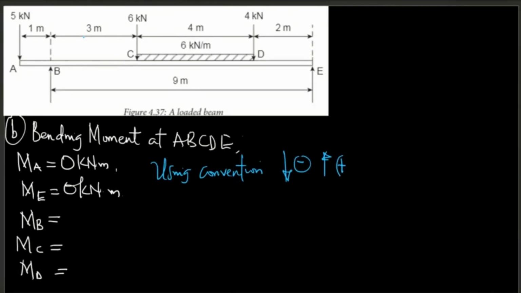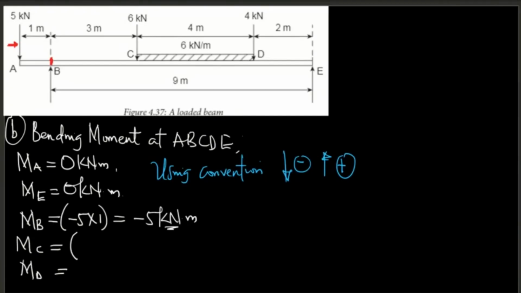If the arrow is pointing up, use positive sign. So for the moment at B, I'm going to be walking from the left to the right to the section. It's going to be minus 5 multiplied by 1. So this one is going to give us minus 5 kilonewton meters.